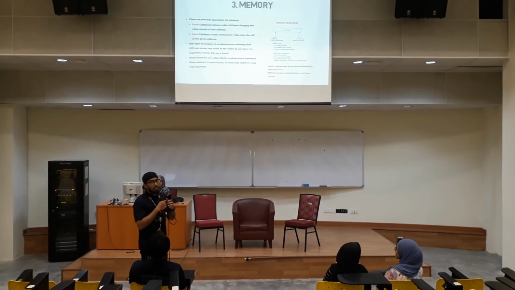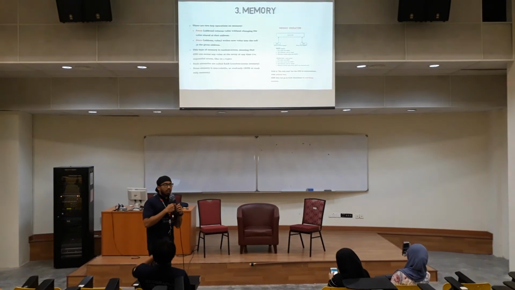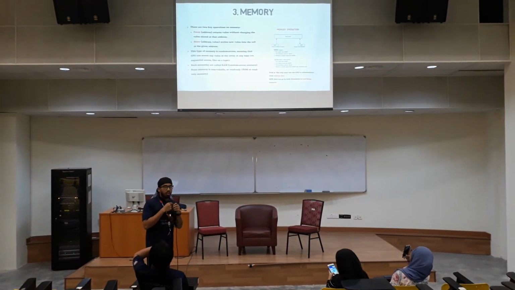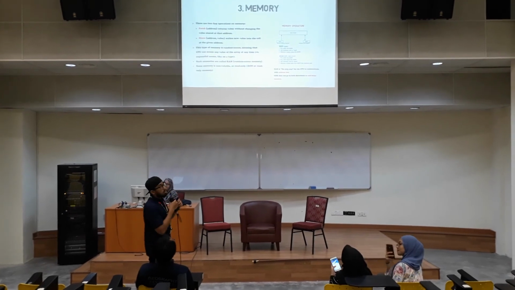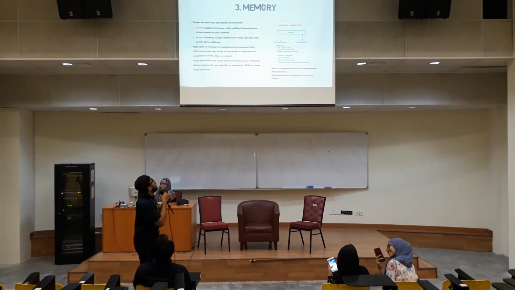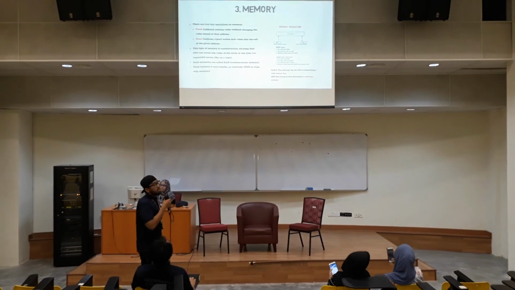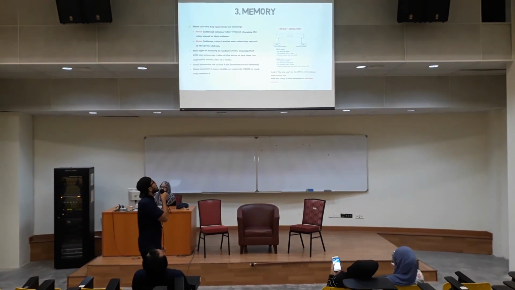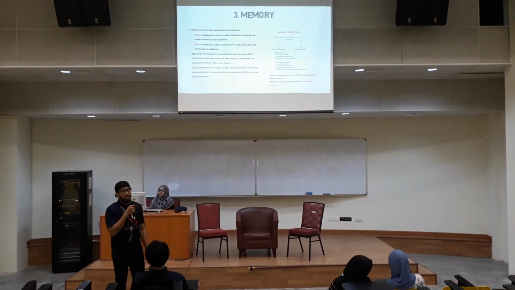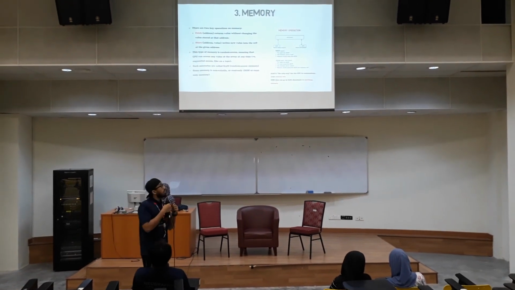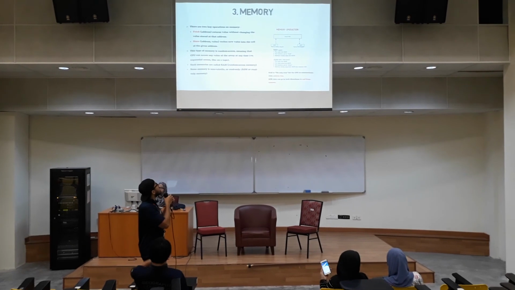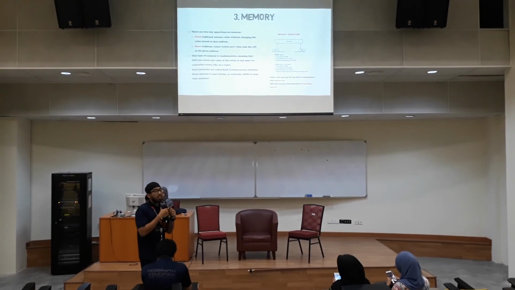Okay, the third one is memory. There are 2 types of memory operations in the von Neumann model. The first one is fetch, which takes an address and returns the value without changing it, and the second one is store, which takes an address and a value. This function writes the new value into the cell at the given address.